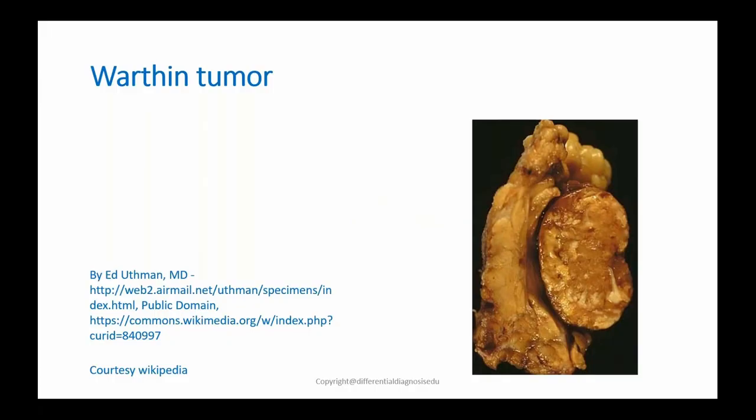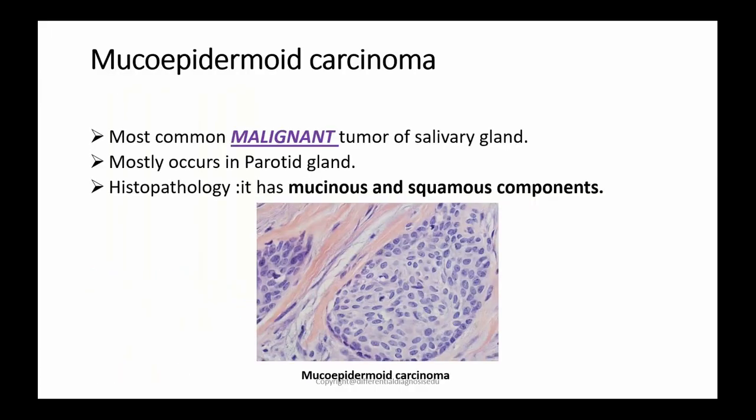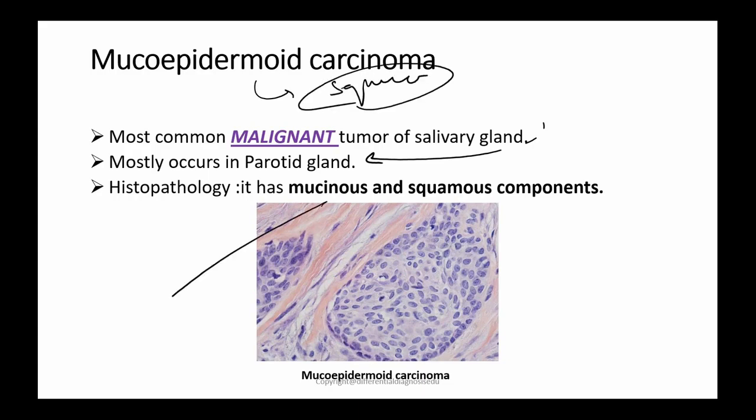Next is mucoepidermoid carcinoma, a malignant tumor of the salivary gland, especially the parotid. Histopathology: mucoepidermoid, so the epidermis is commonly squamous. It has a mucinous component and a squamous component.